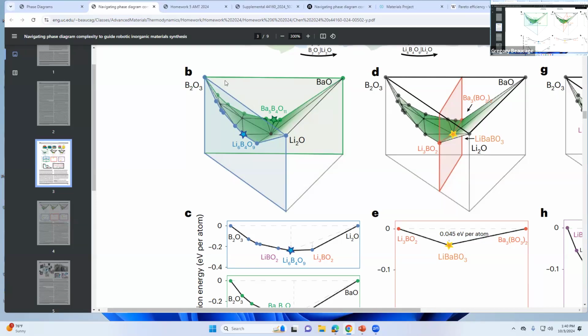A ternary diagram is naturally barycentric because the stoichiometry is already worked out in the diagram. If you have one point, you know the two components, you know the third one, they sum to one. Like a binary, the two would sum to one. Here the three sum to one. So that's what they mean by barycentric.